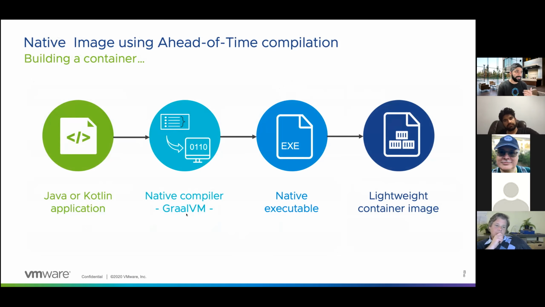GraalVM is a project from Oracle, and there are different versions of it: there is a community edition, there is an enterprise edition. I'm not going to get into the licensing aspect of things, but right now Graal is probably the best option to build these native images, and the Spring Team is working closely with the GraalVM team as well.